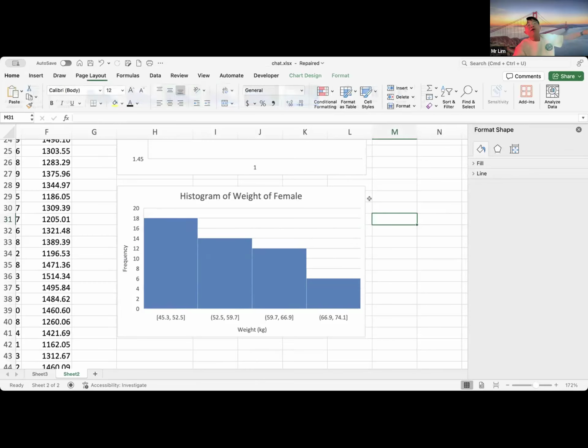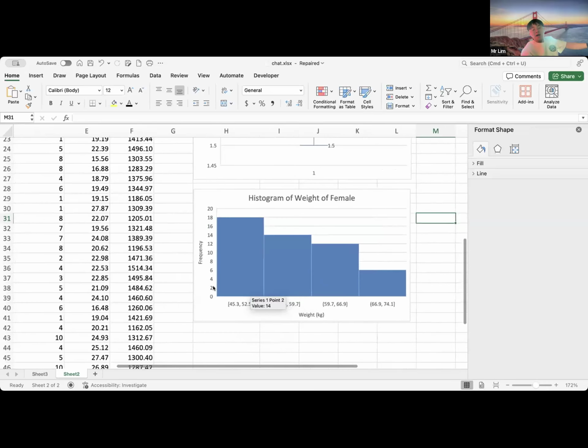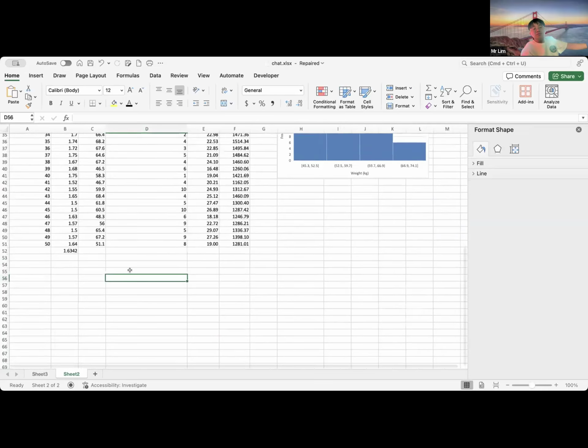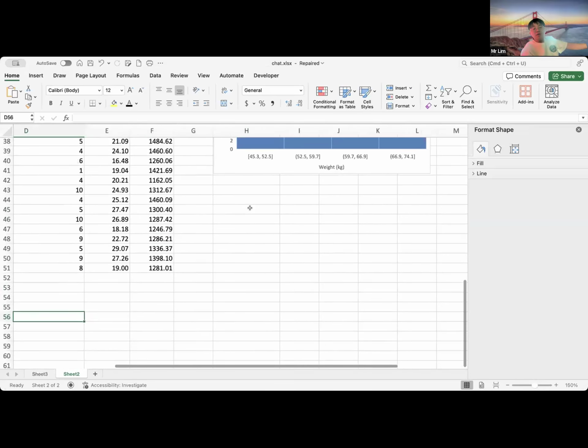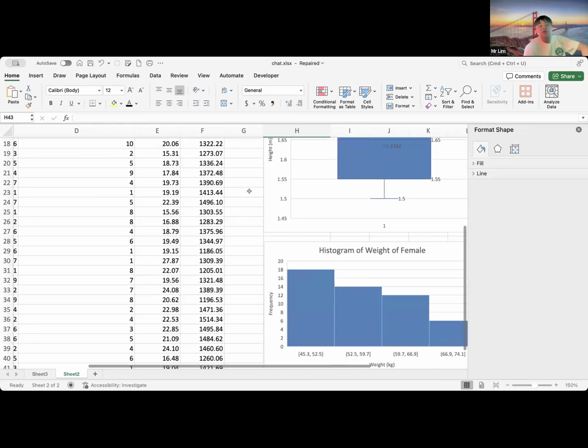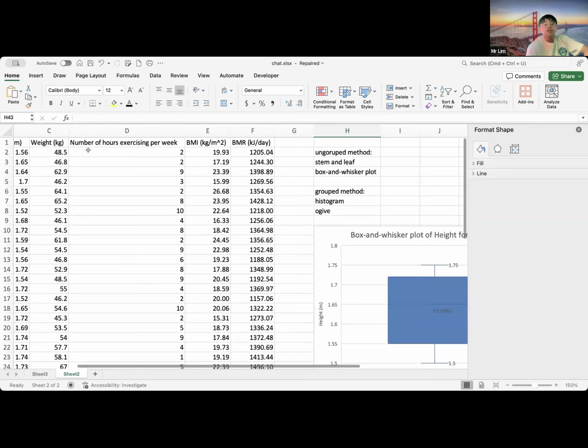If you did not find a quick way to adjust the data here, I have a manual way to do this. Let's say I still want to make a histogram, but let's don't use this way again. Let's use this number of hours exercising per week. I want to do a manual histogram.